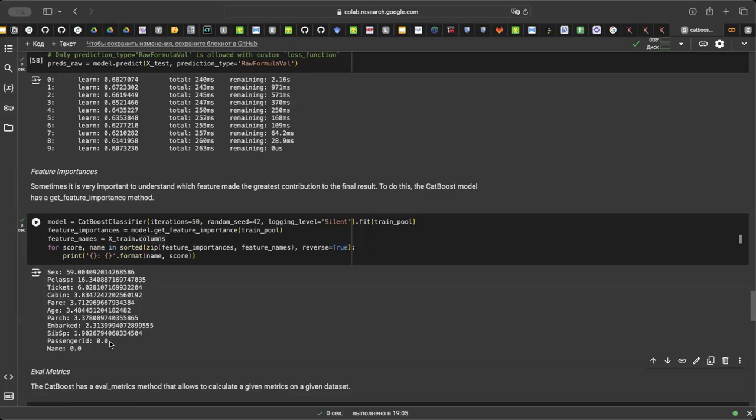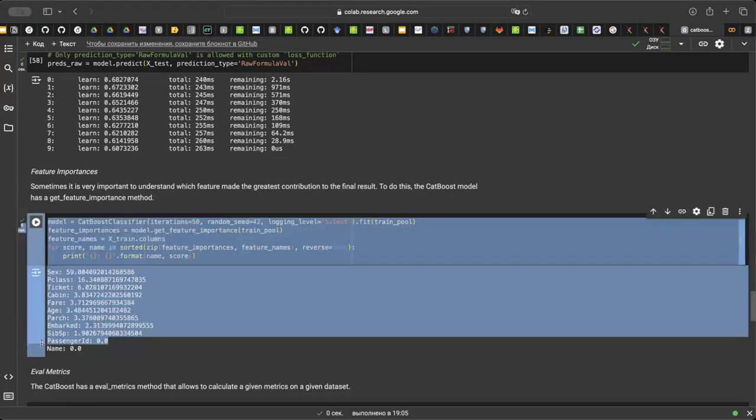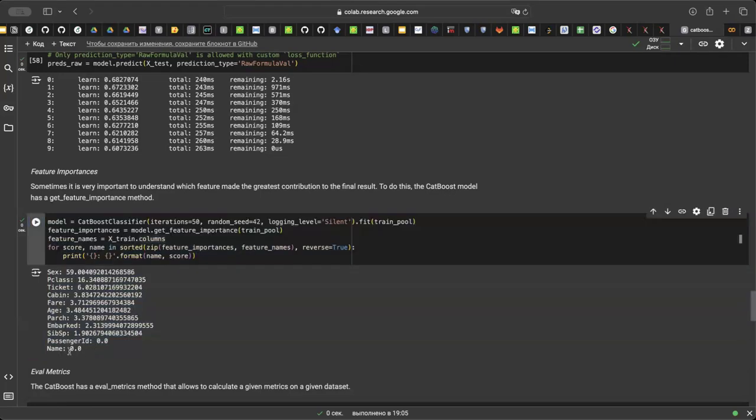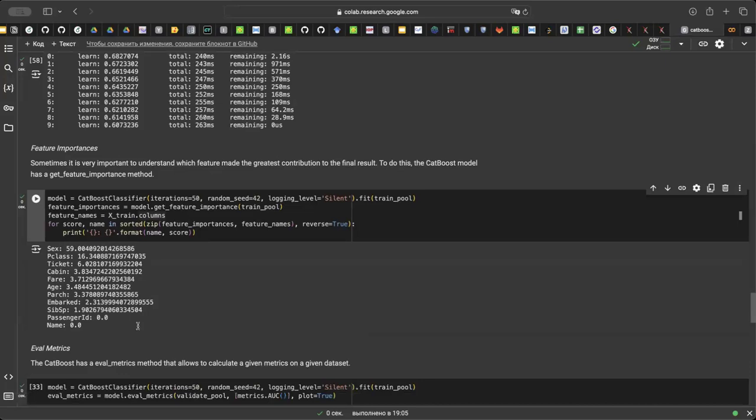And it's obvious that passenger ID and name have zero importance. Well, it's quite logical, because passenger ID is like an ID of a name, and name doesn't influence, I guess, whether the person survived or not.